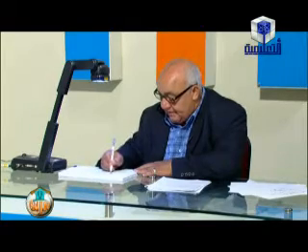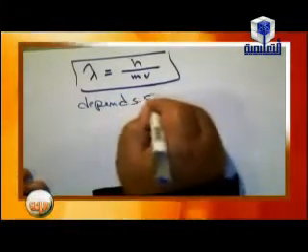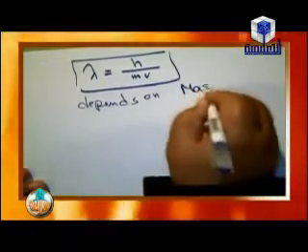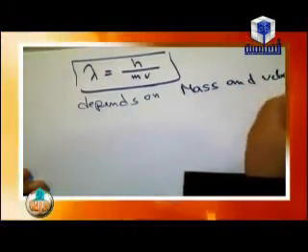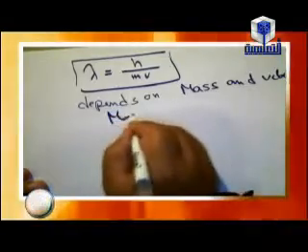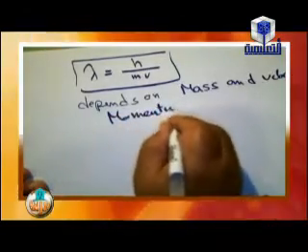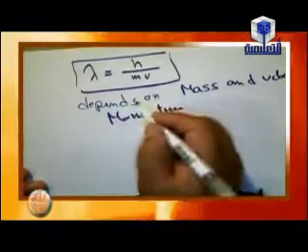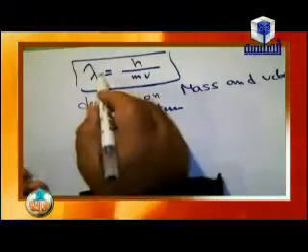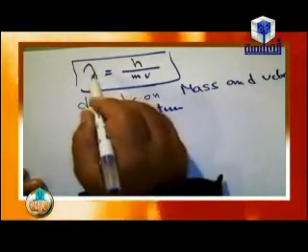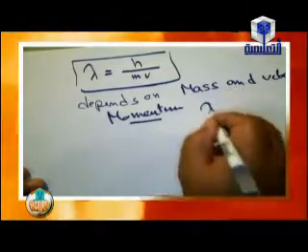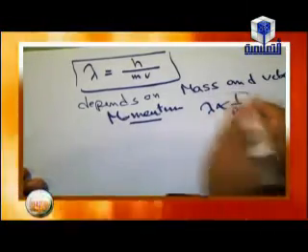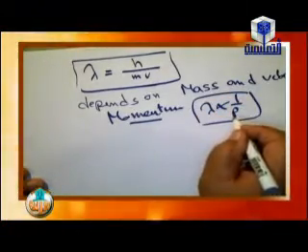So the wavelength depends on mass and velocity, or we can say momentum. The relation between momentum and wavelength is inverse proportional. So the factor affecting the wavelength of the moving particle is momentum, or mass and velocity. Lambda is inversely proportional to mv. So as momentum increases, the wavelength decreases.